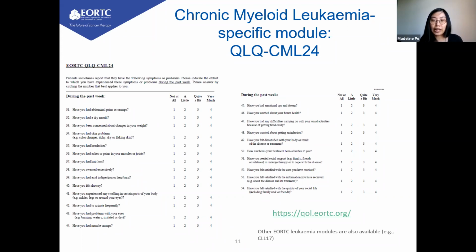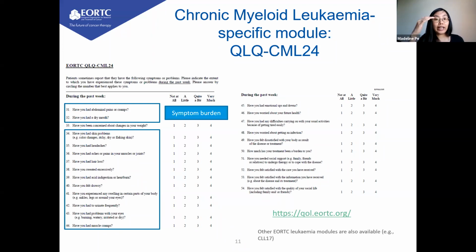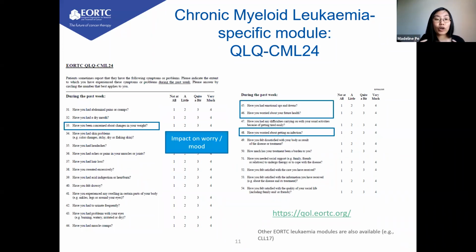And here are issues that were added based on interviews with patients. So we have more symptoms, so symptom burden. So you can see more symptoms coming out. There are issues about their concerns about the impact of their disease on their worry and mood.